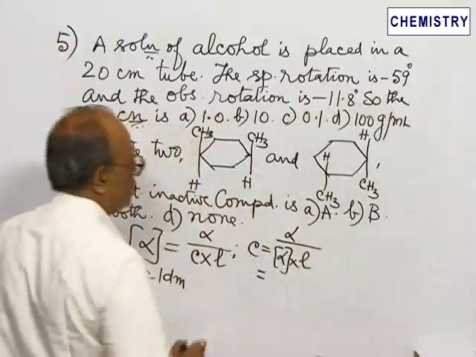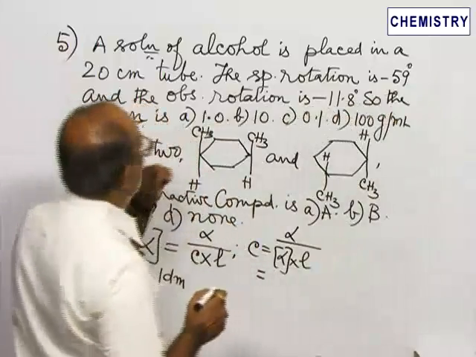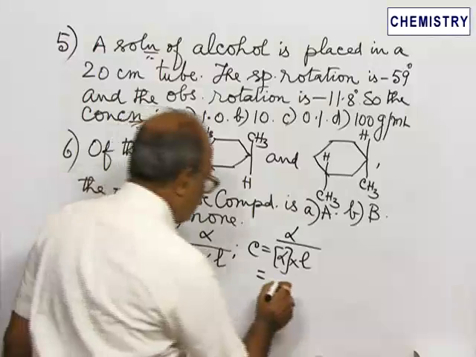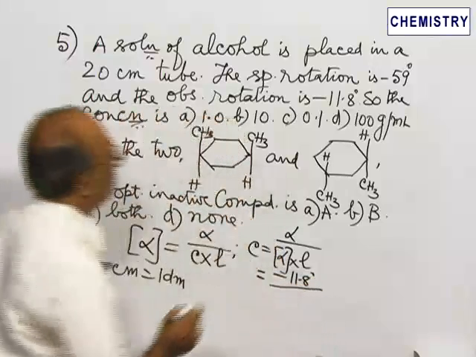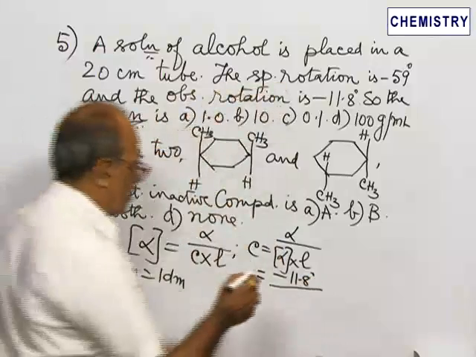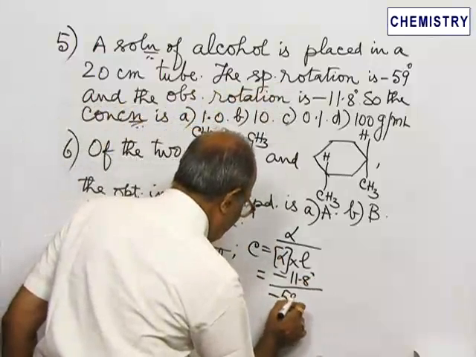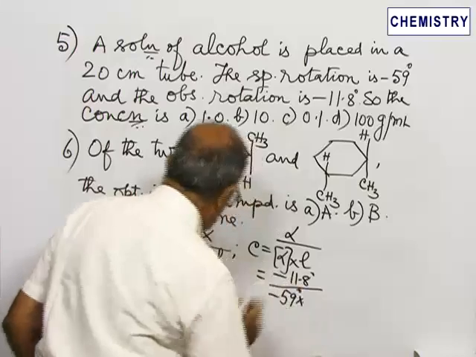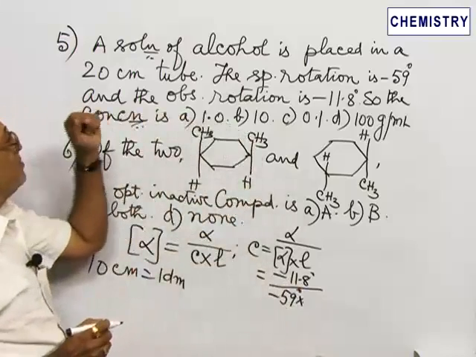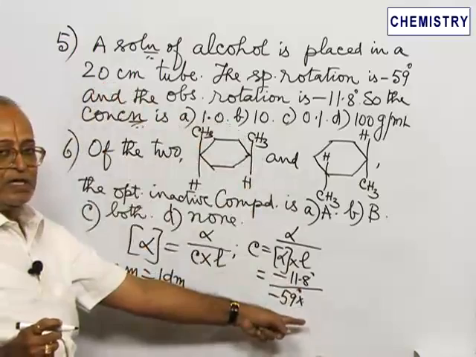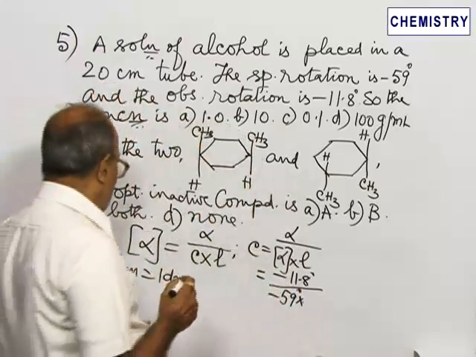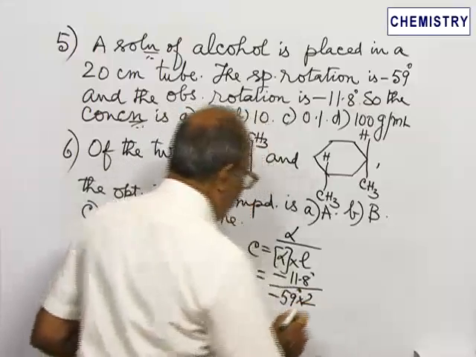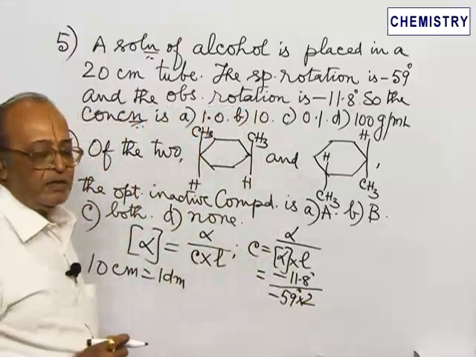So let us substitute these values. Observed rotation is minus 11.8 degrees, specific rotation is minus 59 degrees, into length 20 centimeter. You should not substitute 20 here, but convert this into decimeter. 20 centimeter will be 2 decimeter.